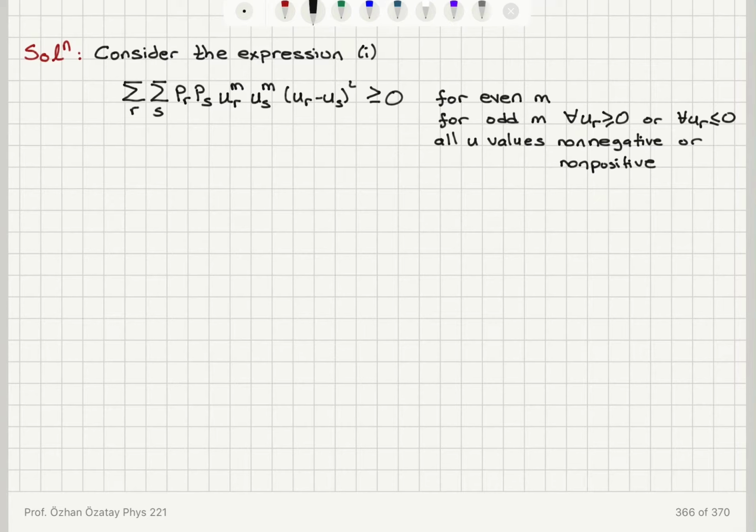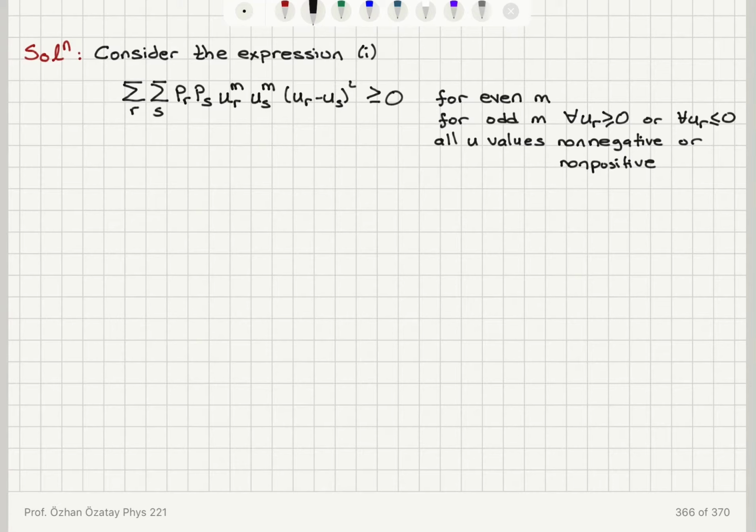Okay. So, for example, if you have minus 1 to the power 3 and minus 3 to the power 3, you would have 27 times minus 1, which would give you plus. So both of them are negative, or both of them are positive. It's positive anyway. Okay, so I'm going to expand this square term here.